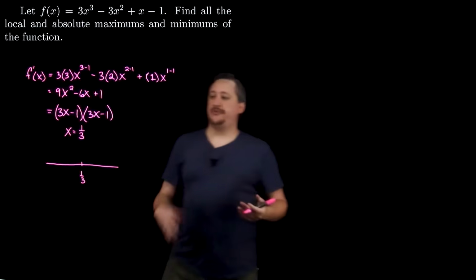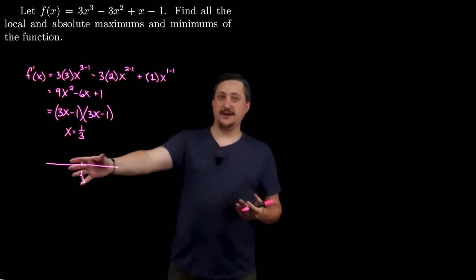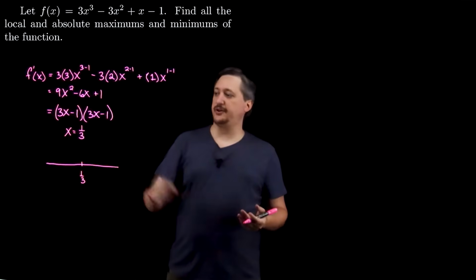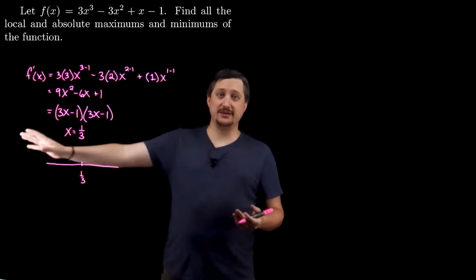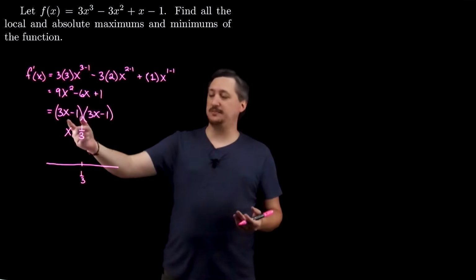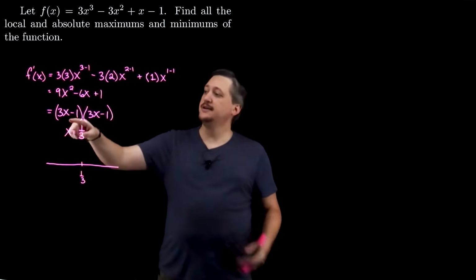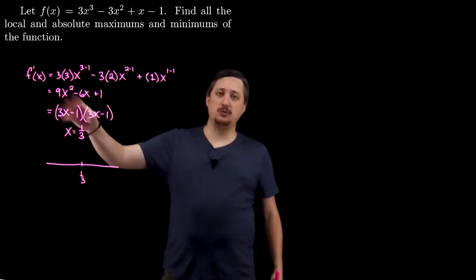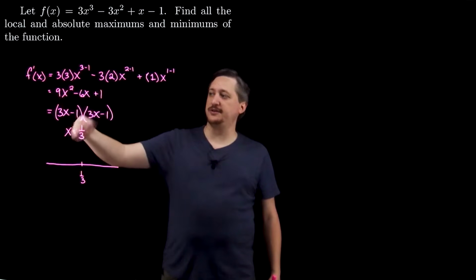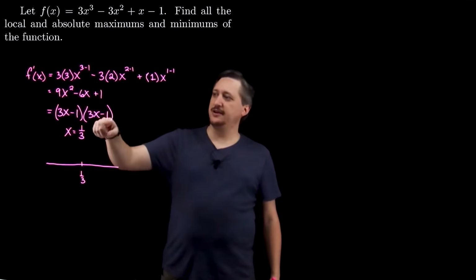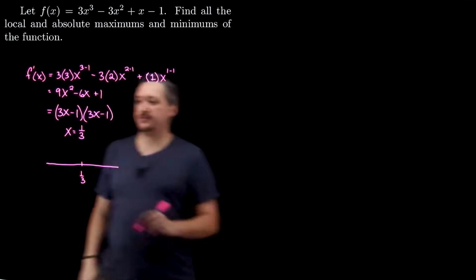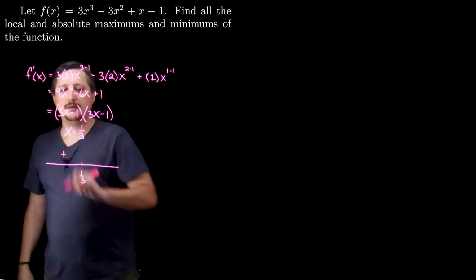So then I'm going to look at the sign on the left versus the right. Since I can pick anything on the left, I'll pick something really large, so I don't have to compute. I could pick negative 1 billion, in which case subtracting or adding 1 won't do anything. So 3 times negative 1 billion is negative. Same here, so I get 2 negatives, so it's going to be positive on this side.